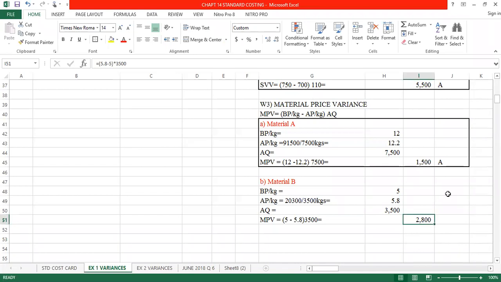There is a difference between costs and income. These are costs. Costs means expenditure, spending. We had budgeted to spend 12, and we actually spent 12.2. Spending is money going out.